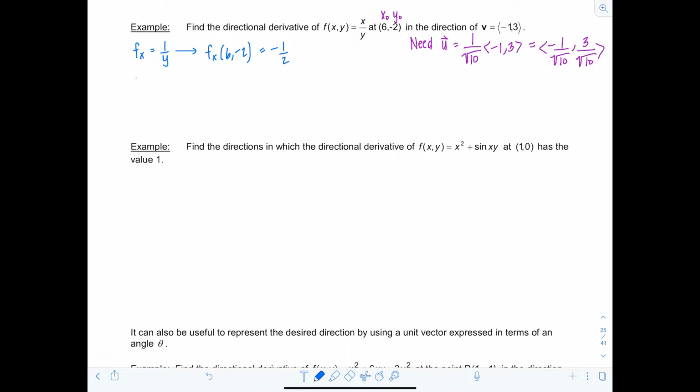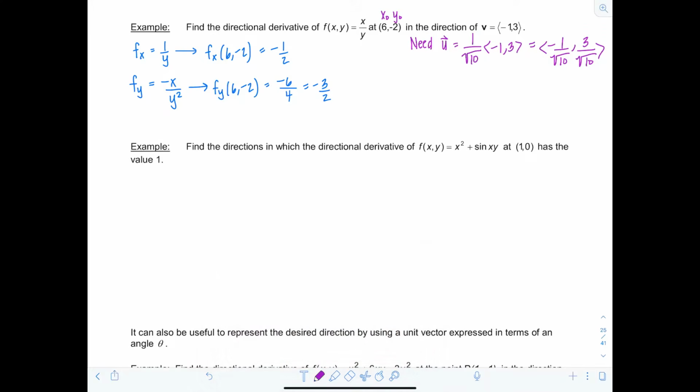And then partial derivative with respect to y, well, remember that's x times y to the negative first power, right? If I'm treating y as a variable, so now that's going to be negative x over y squared. So my partial with respect to y evaluated at 6, negative 2, that's going to be negative 6 over positive 4, so negative 3/2.